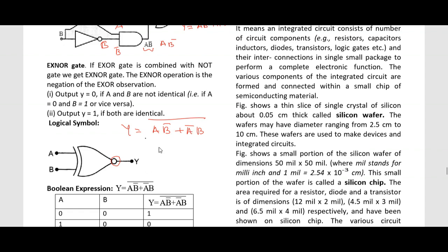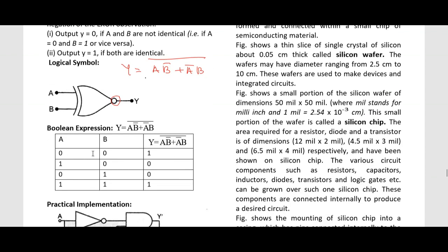So in this way, for 0 and 0, its output was 0 in previous case and now it will become 1. And here it was 1, it has become 0, it was 1, it is 0, and it was 0 and now it's 1.